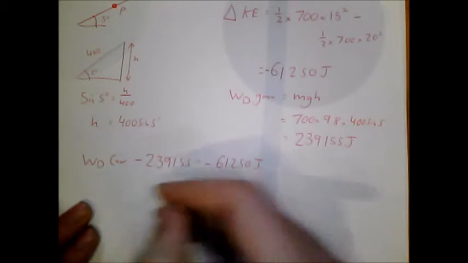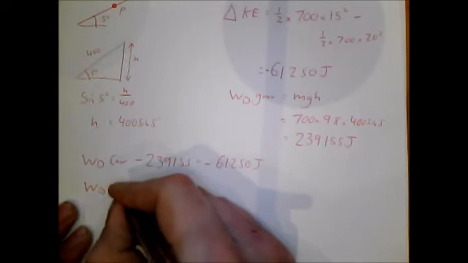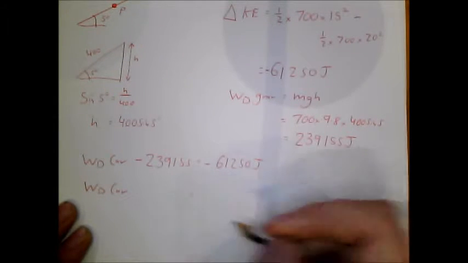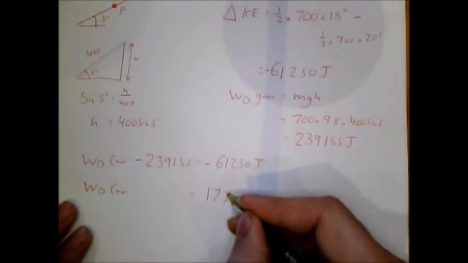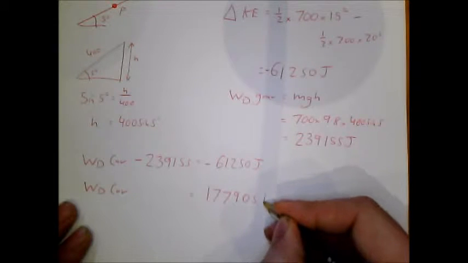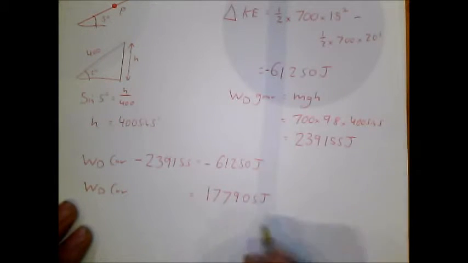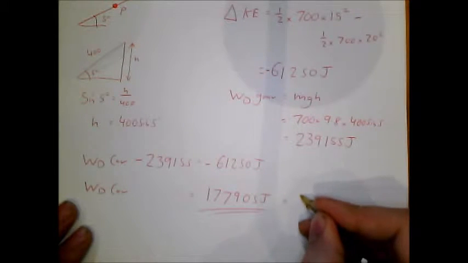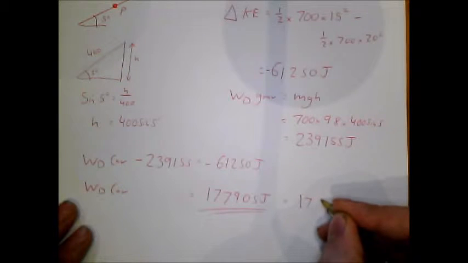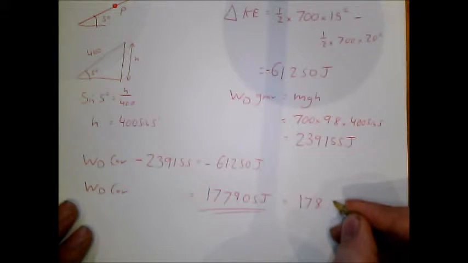So doing some rearranging now, the work done of the car is 177,905 joules. And that's part 1 done. And obviously I think in your exam paper it wants you to round to 3 significant figures. So 178 kilojoules.